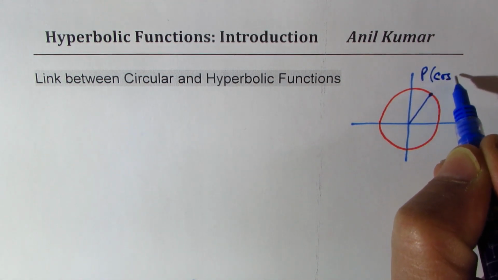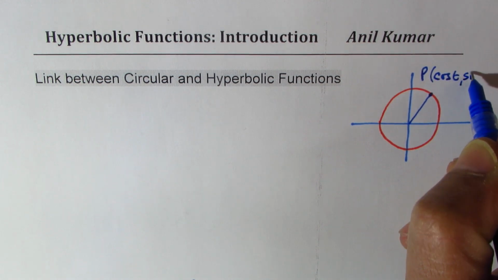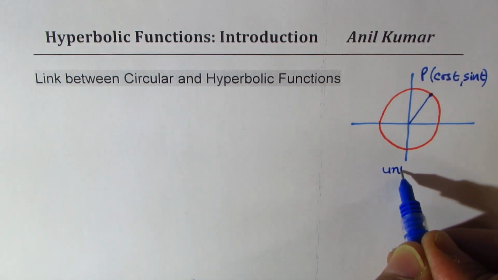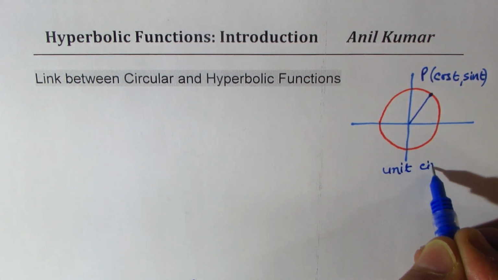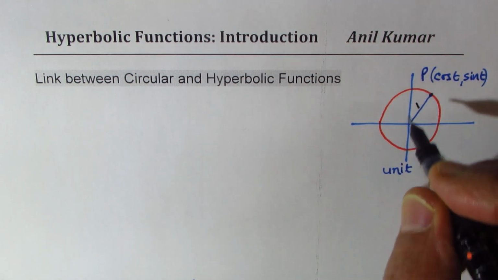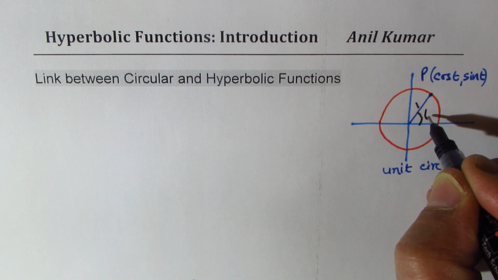So we can say cos t, sine t for a unit circle. Perfect. Now for a unit circle, you know that the radius is going to be 1. Let's say this angle here is t.